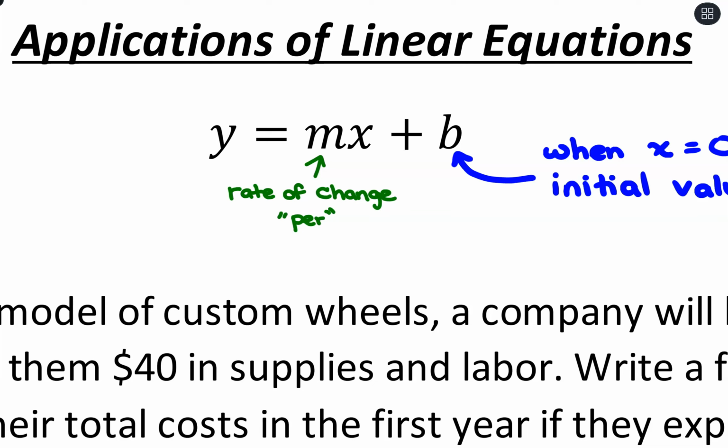And with that, let's go ahead and just plug that into the calculator, 40 times 240 plus 30,000, for 39,600. And that's a cost, so that'll be in money. So $39,600 would be our total cost for 240 wheels.